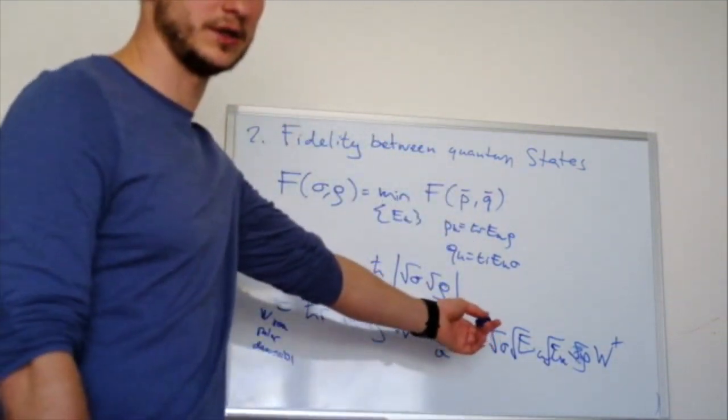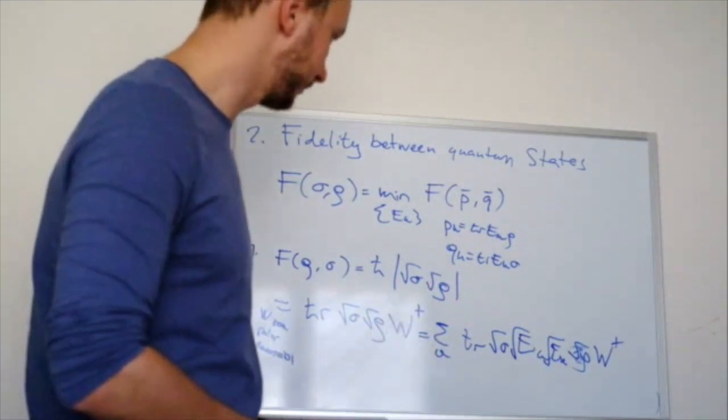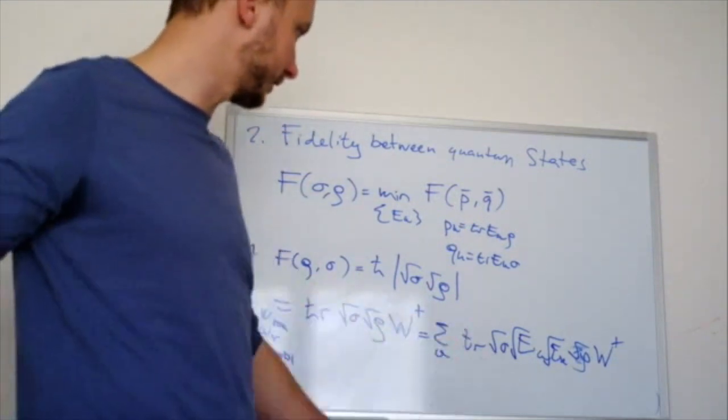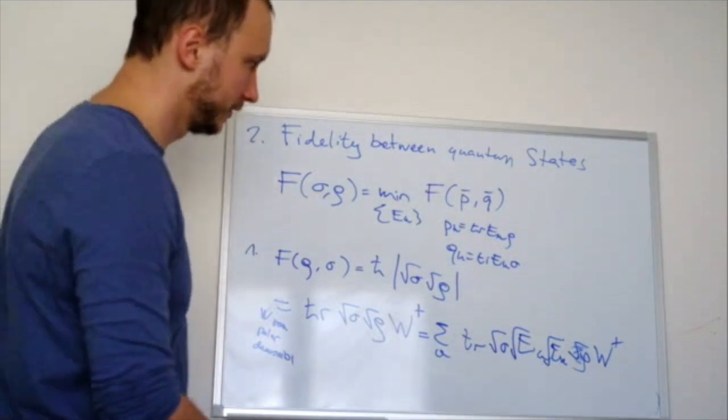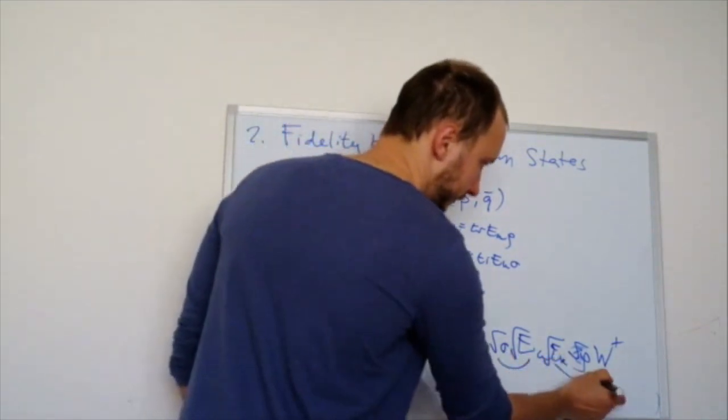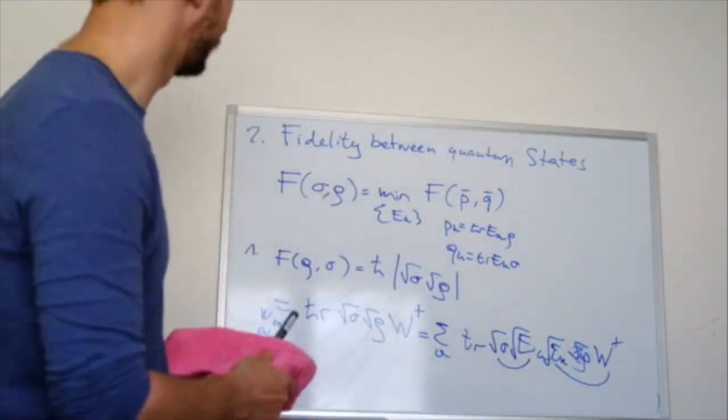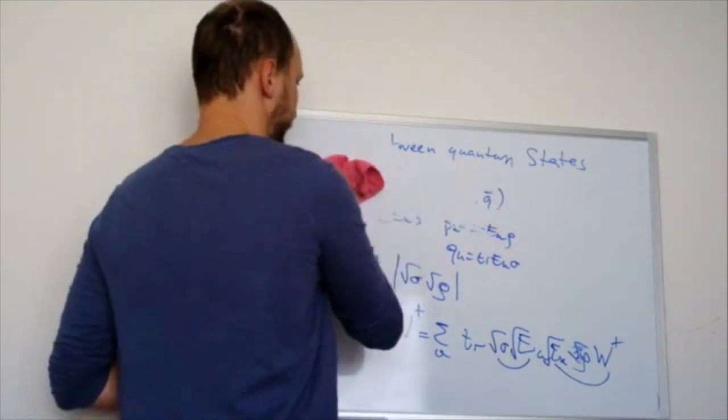Now what do we use here? Any idea? We've used it all the time for the past 20 minutes: the Cauchy-Schwarz inequality. So we take this one and this one. Let me rewrite it again.